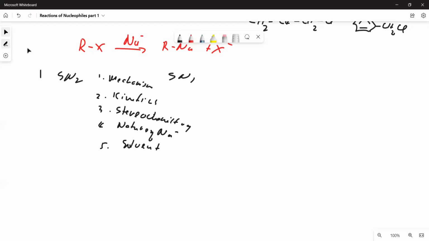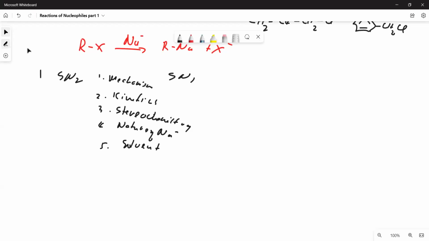While the SN1 reaction contains two activation energies, one higher than the other, and the higher is the rate determining step. Since there are two activation energies, we expect two transition states and one intermediate state for SN1 reaction. That's how we describe their mechanisms.